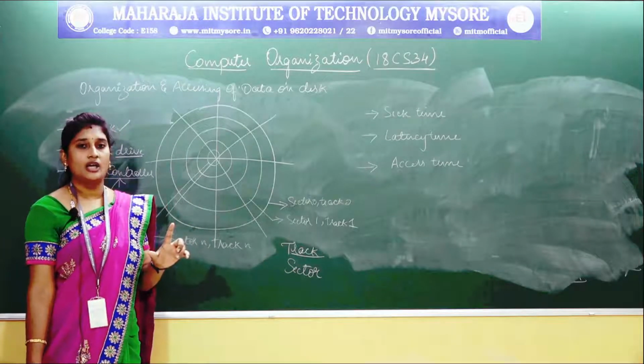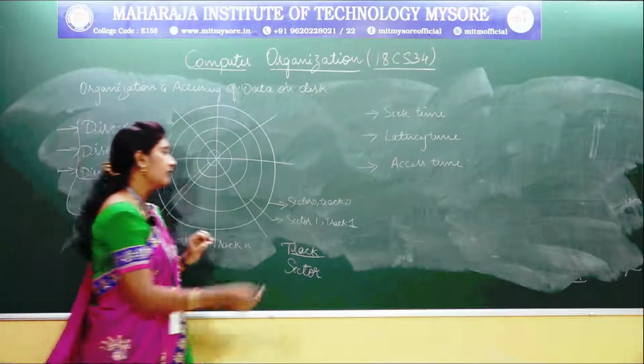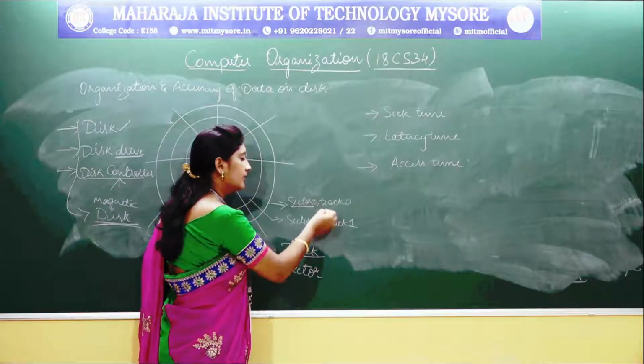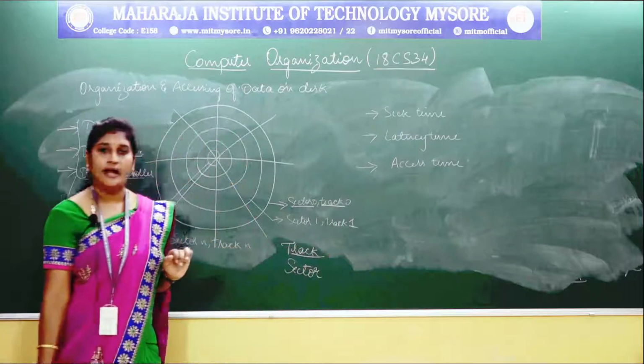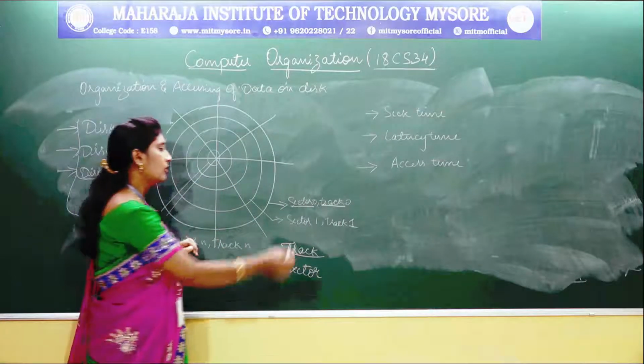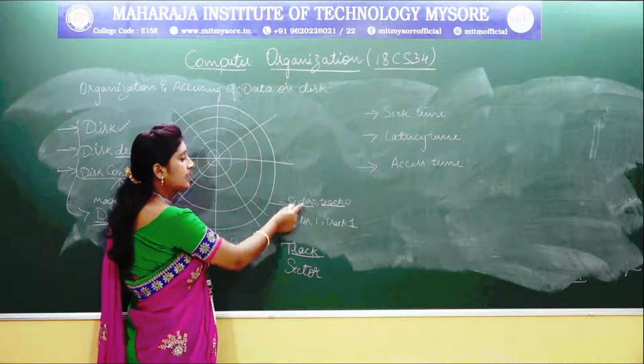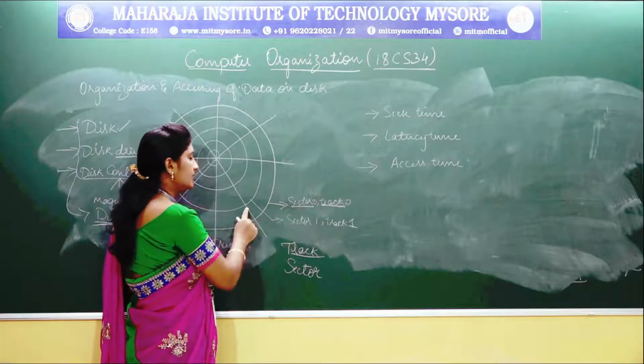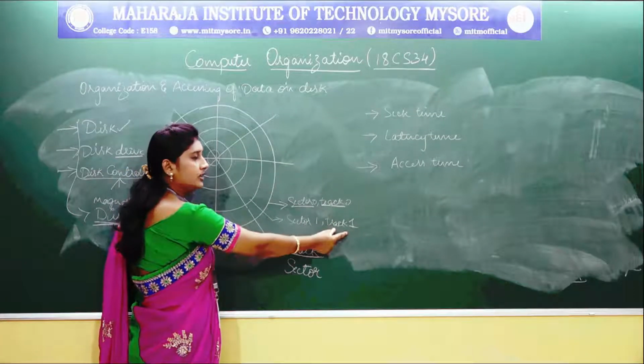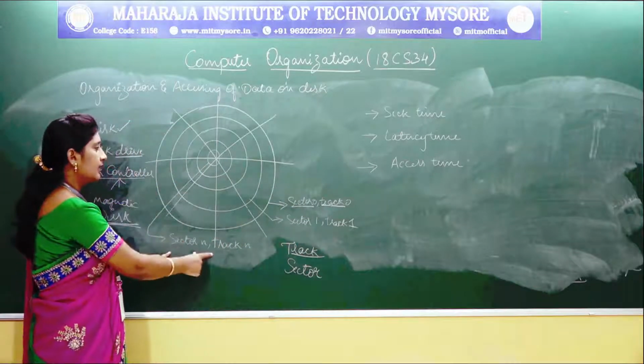Now when the read write head wants to read data from or write data to a particular memory location, you can give the corresponding sector address and track address. Here I have given the first ring as sector 0, track 0, the second ring as sector 1, track 1, and again sector n, track n.